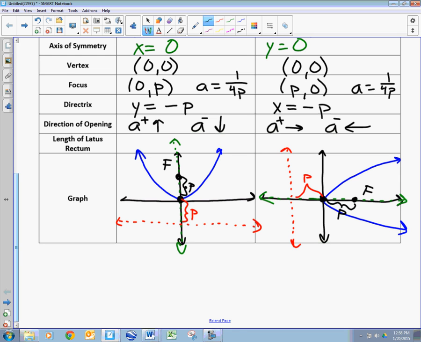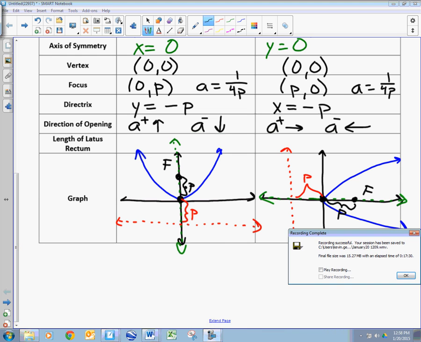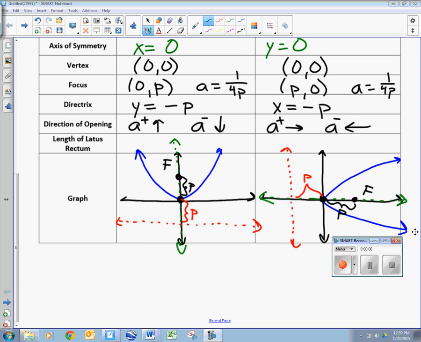Length of the latus rectum. Here is the segment. The length of the latus rectum is the absolute value of 4p in both situations. I'm going to draw for you the segment. It runs through the focus, and that shows how wide the parabola gets.